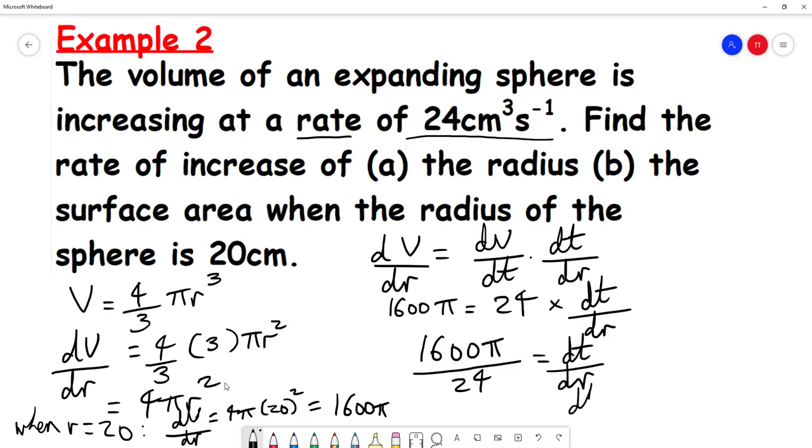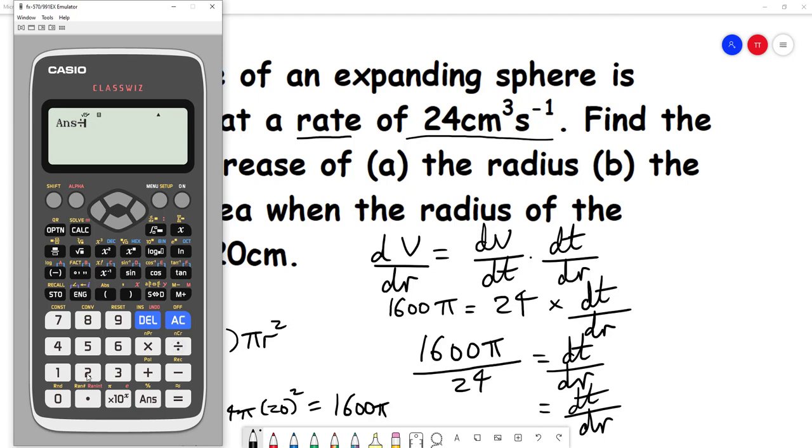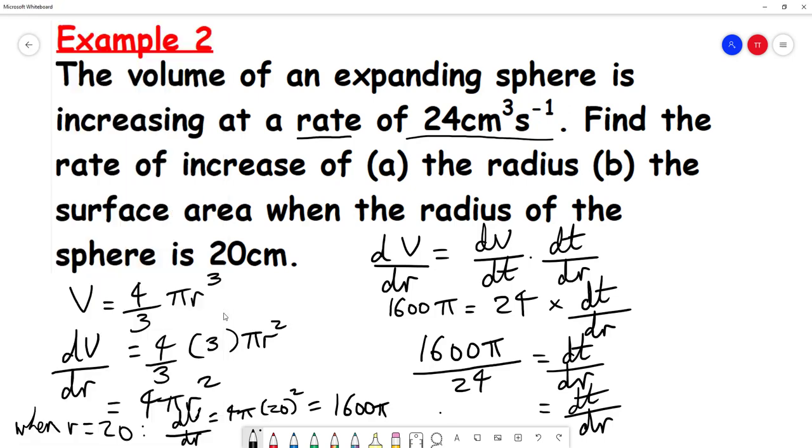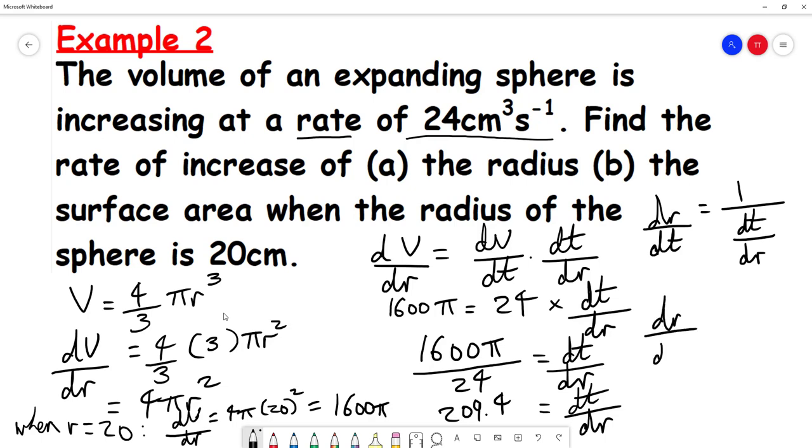So dt over dr, so you get your calculator out, divided by 24, which is 209.4. But we want to do dr by dt, so it's the reciprocal of that, so I'm going to do 1 divided by dt over dr. I can get that from my calculator.